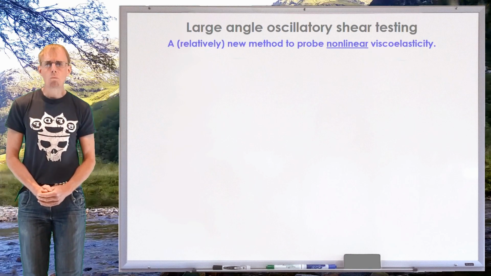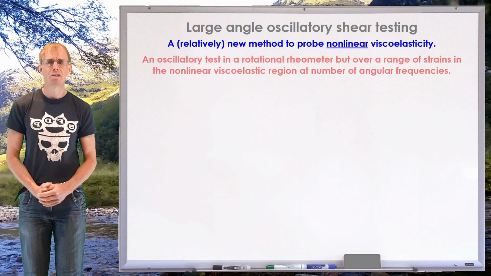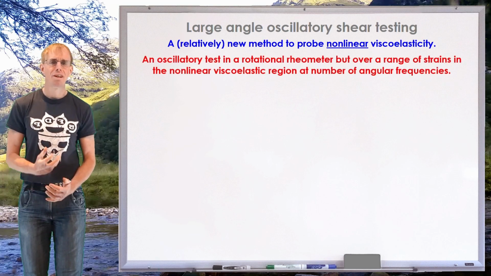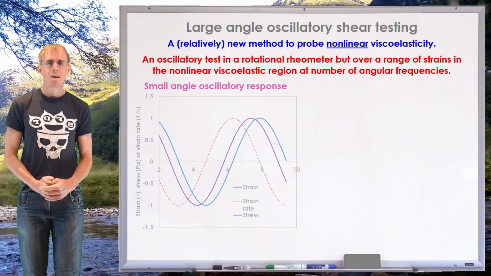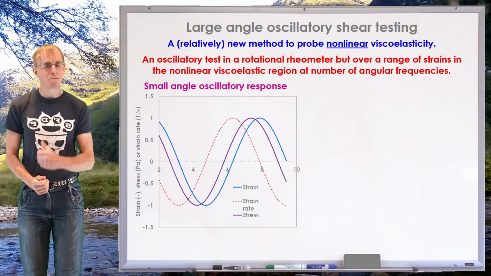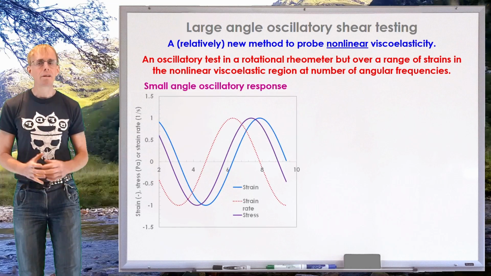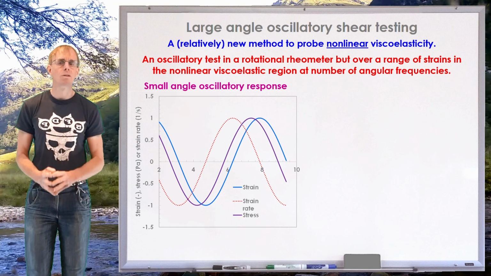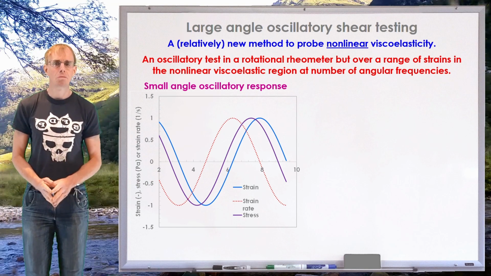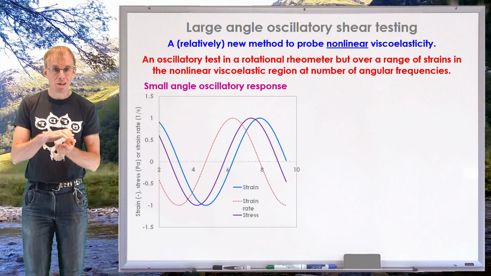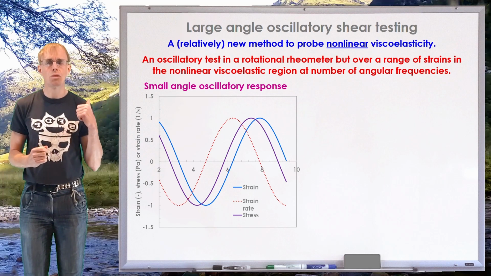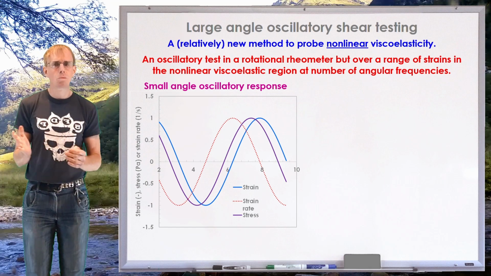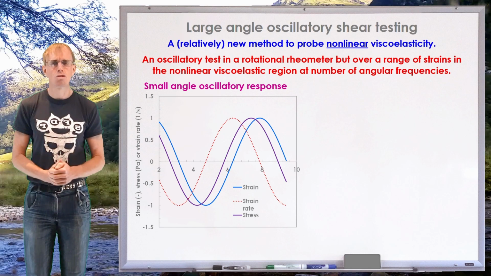So what we have is a contrasting method that gives us information about nonlinear viscoelasticity. If we think about our linear viscoelastic experiments first, I'm going to now call these small angle oscillatory response experiments, because the oscillation angle is indeed small because it's linear strain, and that is where we got our sinusoidal stress response somewhat out of phase with the strain and the strain rate.